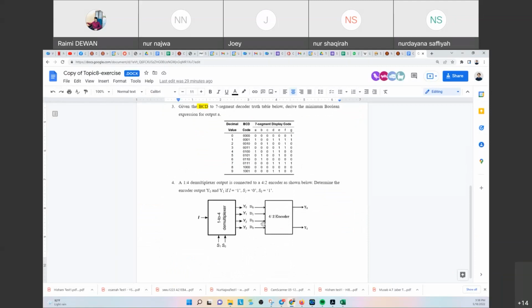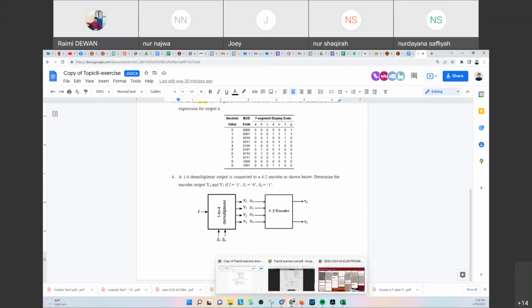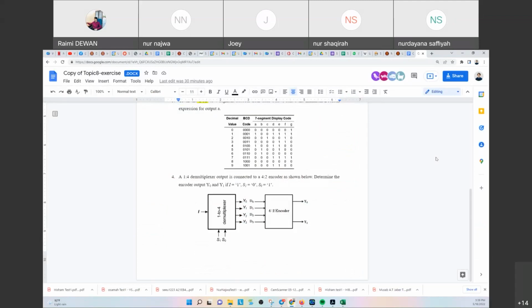Okay, and then question number 4 now. You do that until 3:40. Face your answer. Me, but I terbalik the one in your. What does it mean, terbalik? What do you mean terbalik?